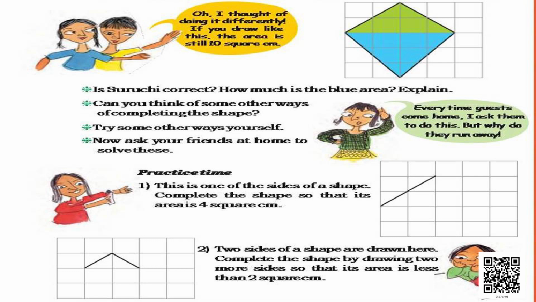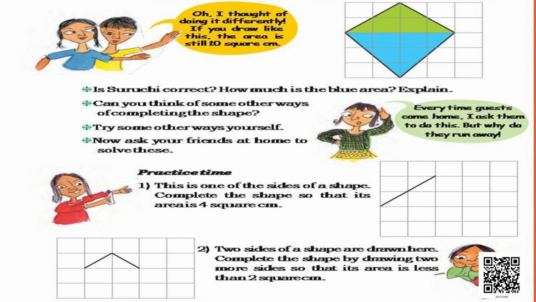And in the second task, you have to complete the diagram with two sides joining the given sides so that the area will be less than 2 square centimeter. I hope you have understood the concept of drawing the shapes and finding out the areas.